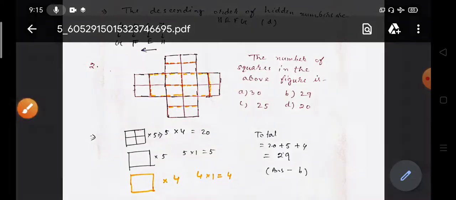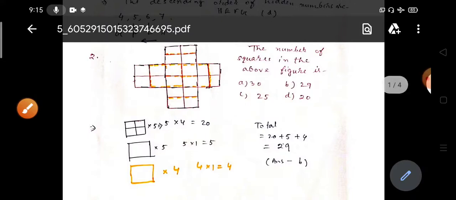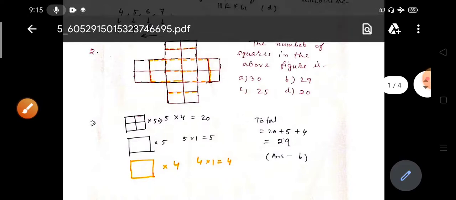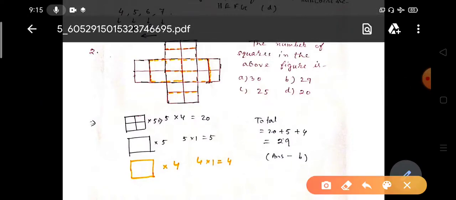And you also have to find the boxes lying inside this one, and this one, and this one, and this one. So there are a total of 4 boxes lying inside the overall box. So this is 4 into 1. So the total is 20 plus 5 plus 4, that is 29.